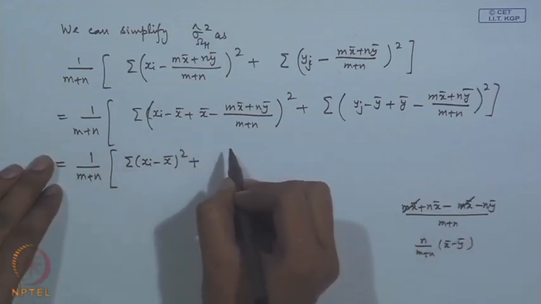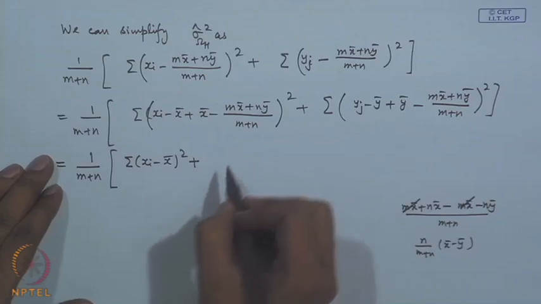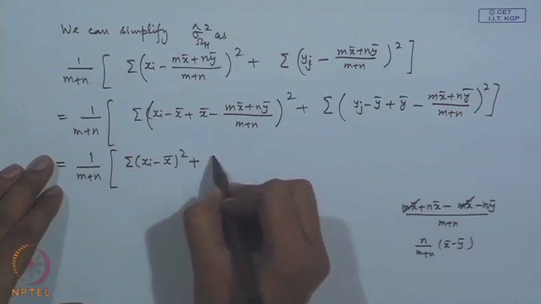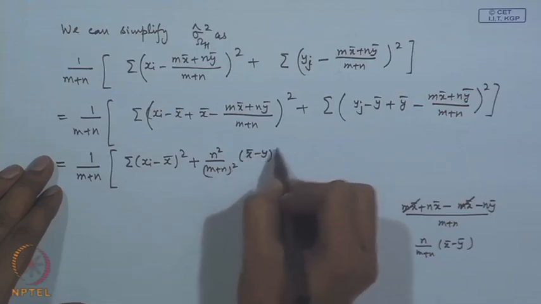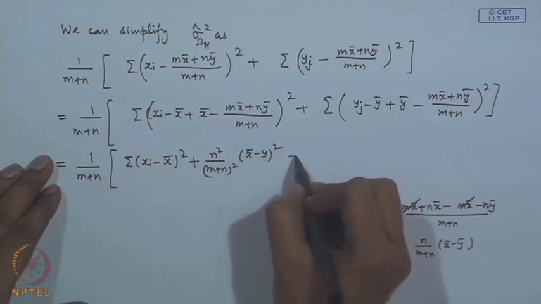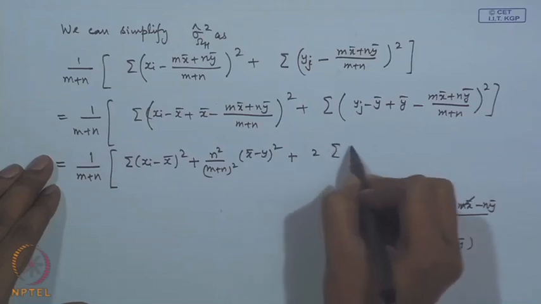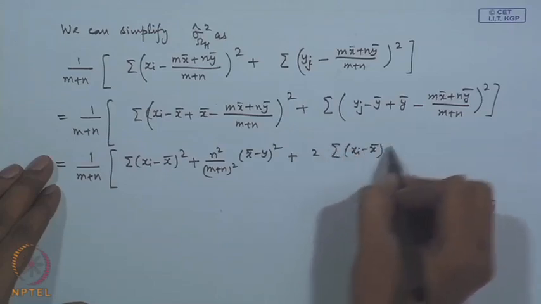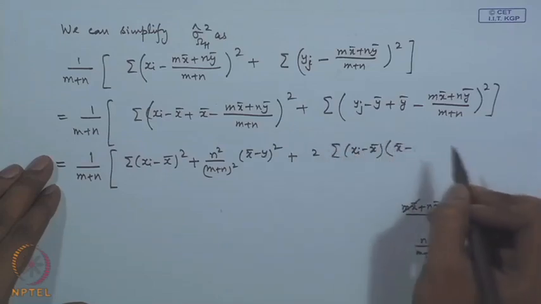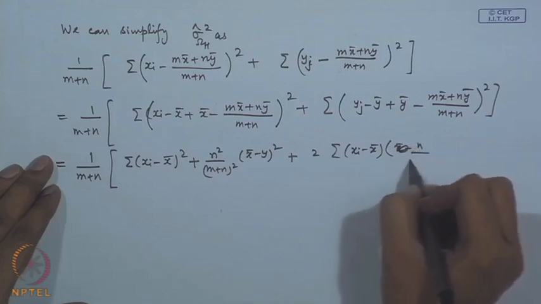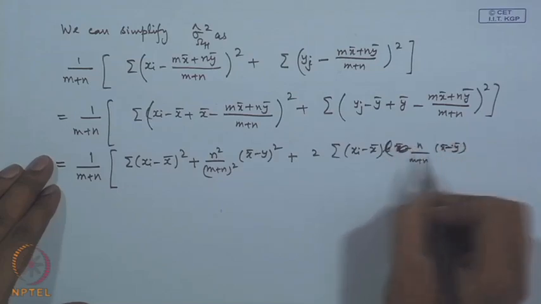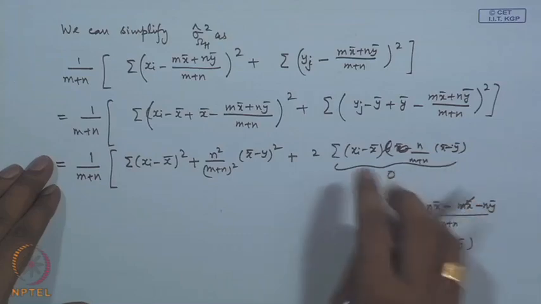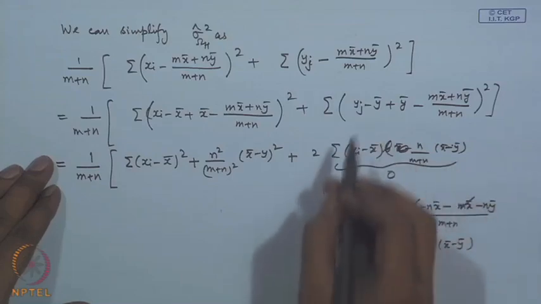So, I get n square by (m plus n) square times (x bar minus y bar) square. Then there is a cross product term, twice sigma (x i minus x bar) into (x bar minus the same term), n by (m plus n) times (x bar minus y bar). Now, this term is nothing but 0, because sigma (x i minus x bar) is 0.